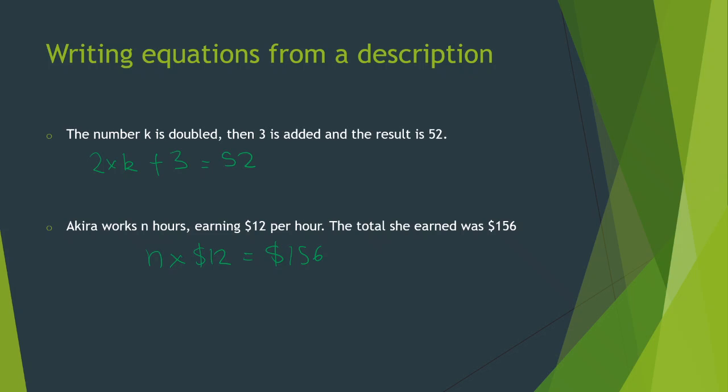So the word total gives you the equal sign hint. And because we're dealing with maths here, we don't have to put in the dollar sign. We can just put in 12 times n equals 156. And because we're doing algebra, we're going to put the number at the front without the multiplication symbol. Okay, so later on when we learn the skills, we can figure out how many hours she worked.